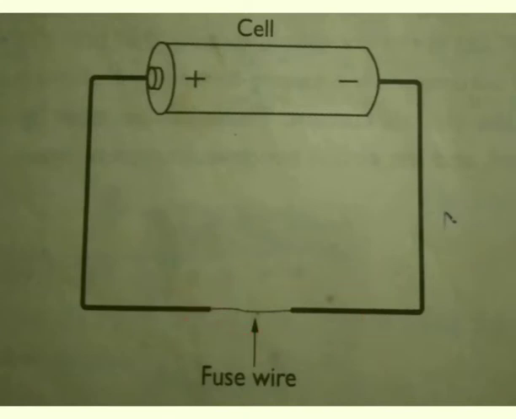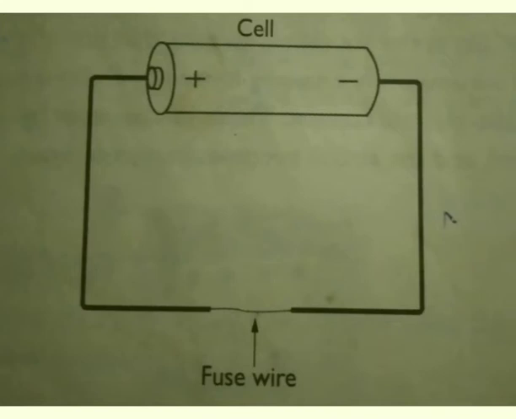The steel wool will serve as a fuse wire. Connect the loose end of one connecting wire to the negative terminal of the battery. Now touch the loose end of the other connecting wire to the positive terminal of the battery.